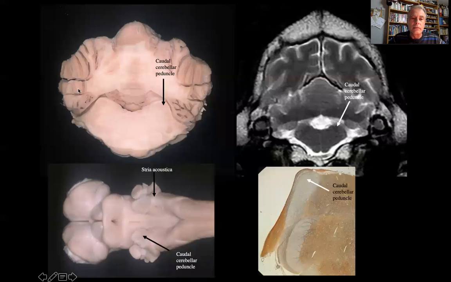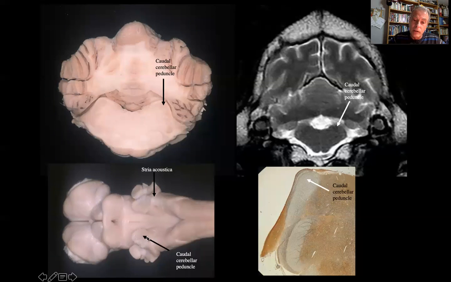So, again, transverse sections, what do we see? We see the fourth ventricle, choroidal plexuses of the fourth ventricle, and we are at the level of the medulla oblongata, the pyramids, right? And then this is the stria acoustica. This area here, that is brownish, is the caudal cerebellar peduncle, the spinal tract of the trigeminal nerve, with the nucleus of the spinal tract of the trigeminal nerve, the rubrospinal tract here, okay?